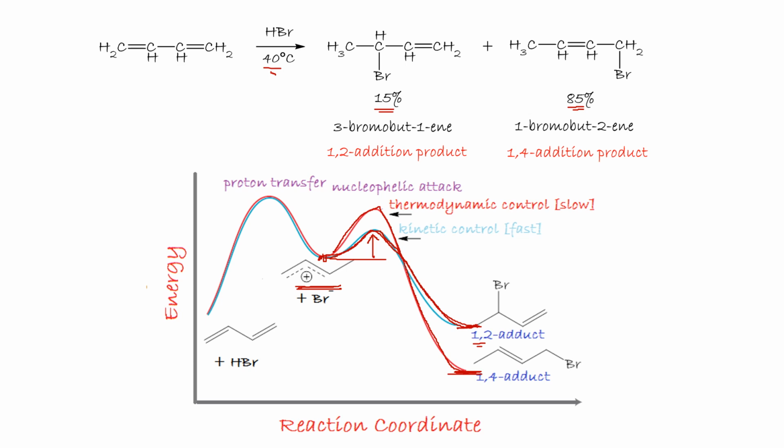Some of them will form 1,2, but again will go back and then take higher energy and get to the more stable 1,4 adduct. So the 1,2 we call kinetically controlled, while the 1,4 adduct we call thermodynamically controlled.